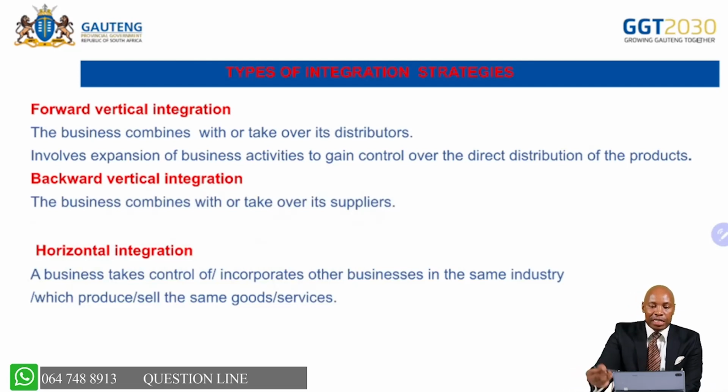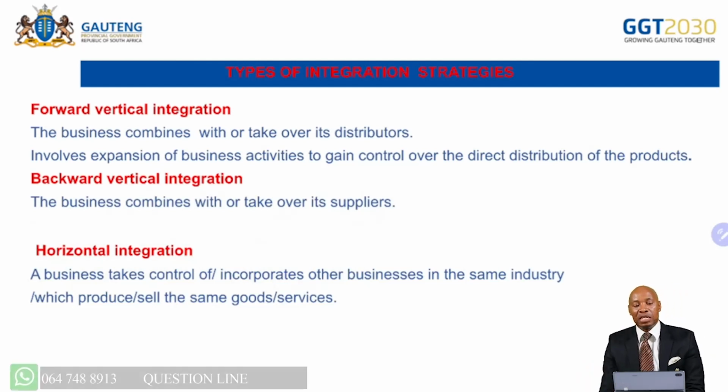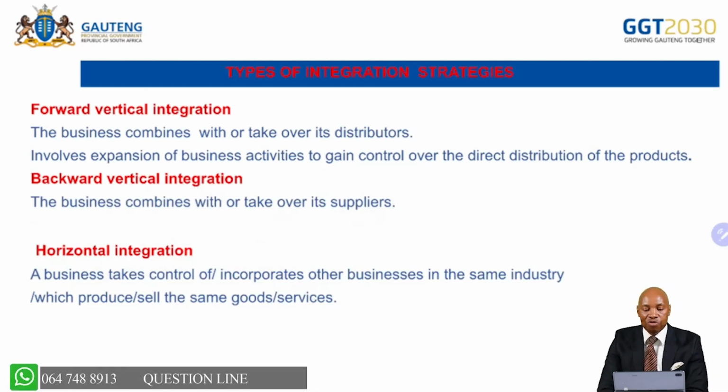Now, these are our types of integration strategies: the forward vertical integration strategy, backward vertical integration, and horizontal integration. Remember we did research when we were doing POTAS 5, where we identified who our competitors are. Then we found that competitors have power over us.